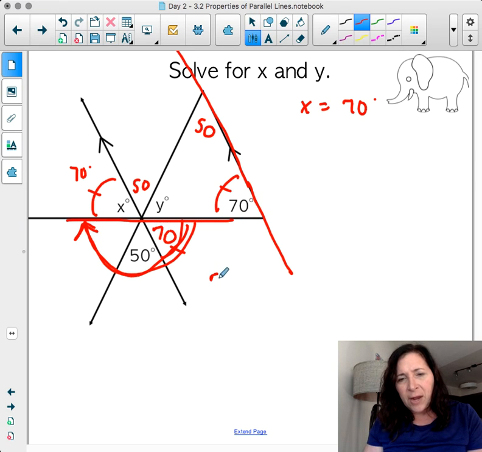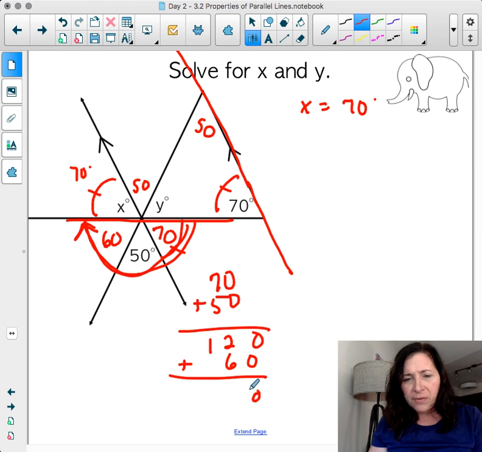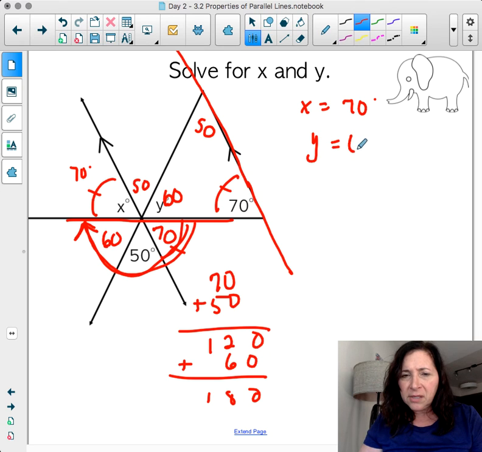And so if I go 70 plus 50, okay, that's going to be 120 degrees. Let's see. And so therefore, this angle here must be 60. And all you have to do is count, add these up, and that would also be 60. And so y is equal to 60 degrees.